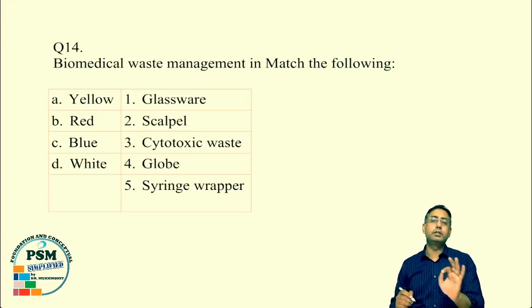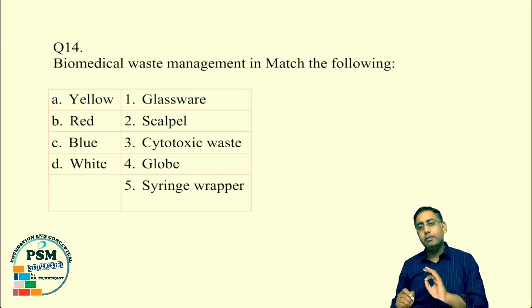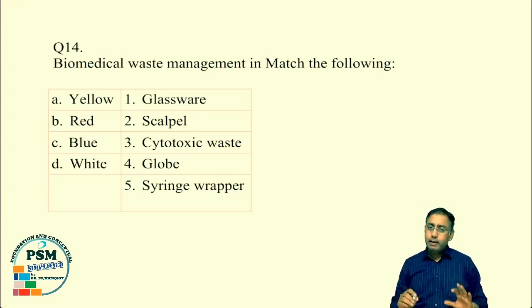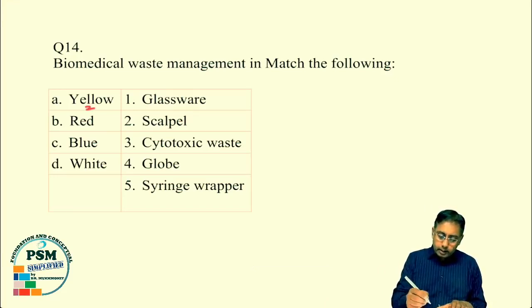Yellow, please remember, is for anatomical waste, animal waste, cytotoxic waste, every kind of waste which is incineratable, plus the chemical waste and discarded medicines. They all are under the yellow category. So yellow category, I would like to mark with what? Glassware, no. Scalpel, no. Cytotoxic, yes. So I would mark A with the third one.